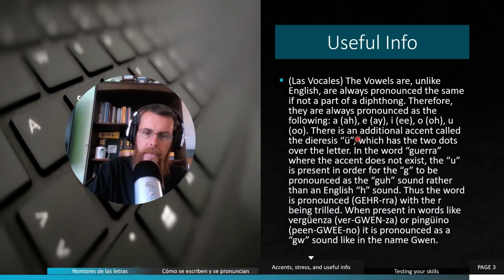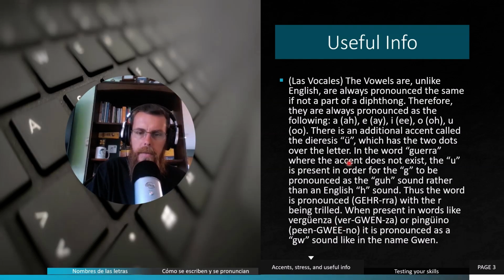But with this diaeresis, what happens is that in words like vergüenza, it actually causes the U to be pronounced as a diphthong. Vergüenza. Pingüino. Pingüino is a penguin. Vergüenza is shame. So that's what the diaeresis does.